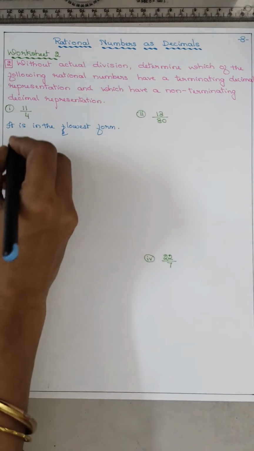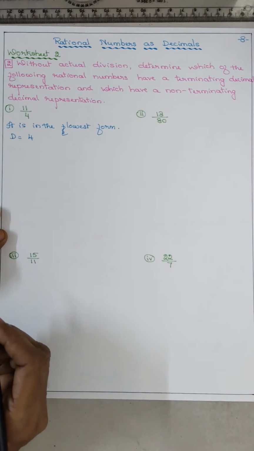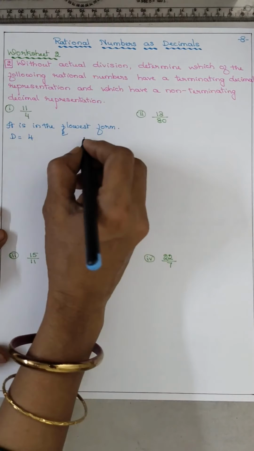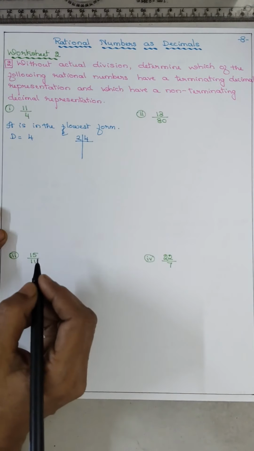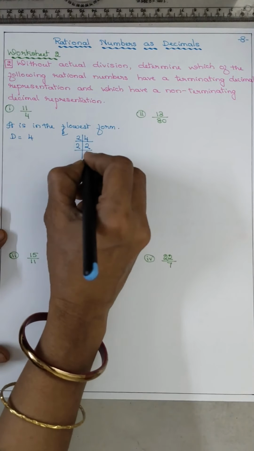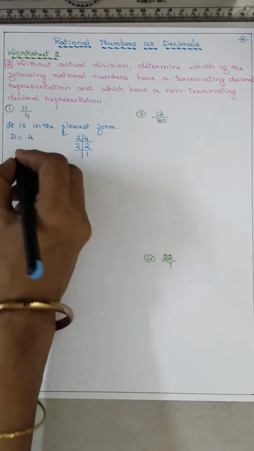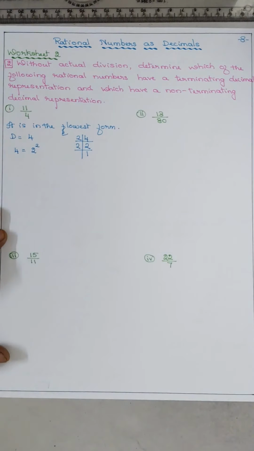Now see, what is the denominator? Denominator is 4. Now find out the prime factorization of the denominator. 2 2s are 4, so 4 can be written as 2 square.